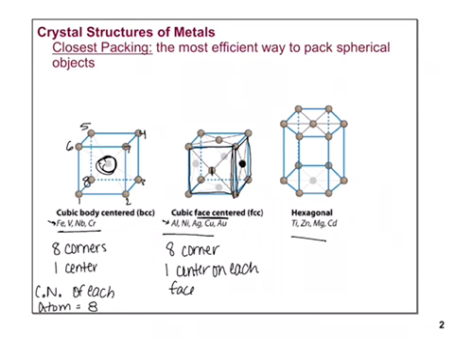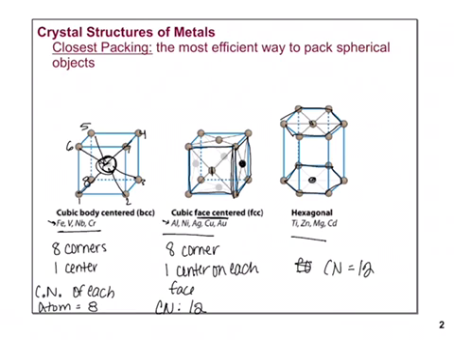Whereas this center atom is literally in the middle of the cube. Here our coordination number for each atom is going to be 12. The hexagonal, you can see that there's a hexagon on the top and the bottom, and there's an atom on the face of that hexagon. Your coordination number for this is also 12.